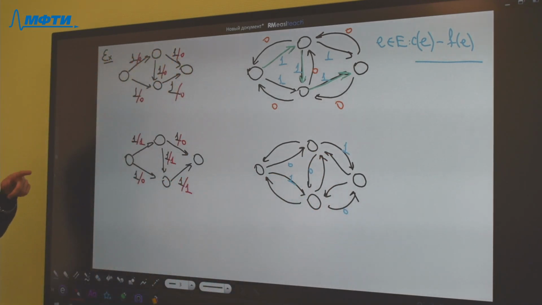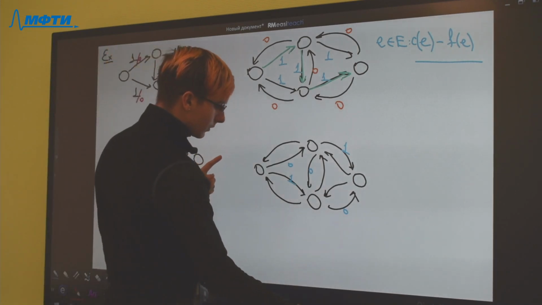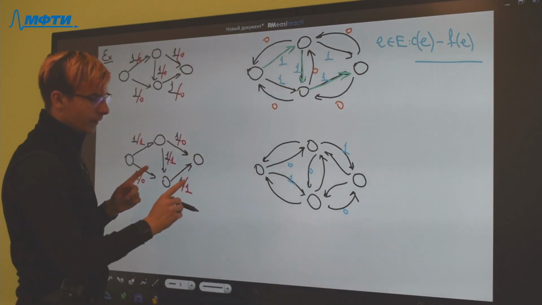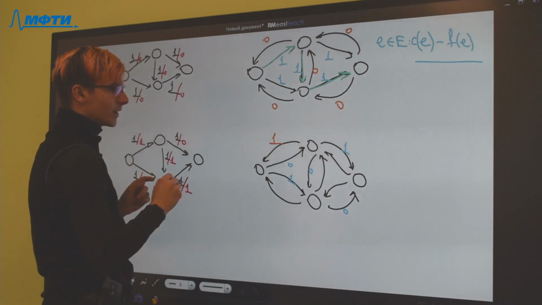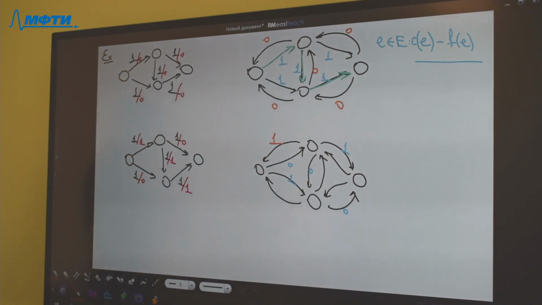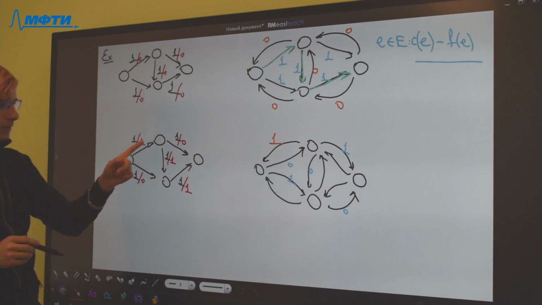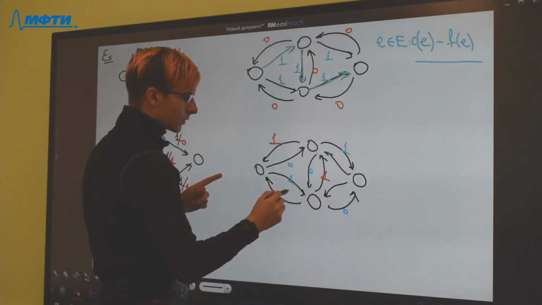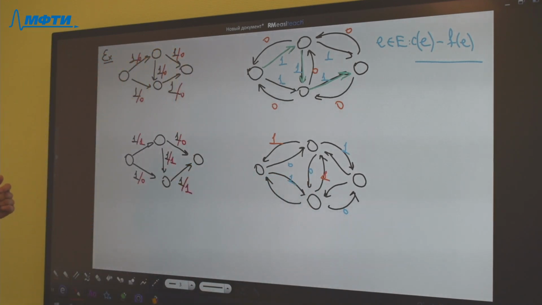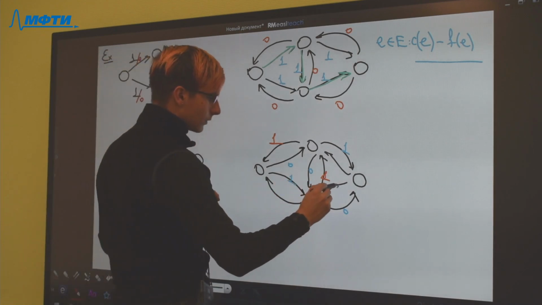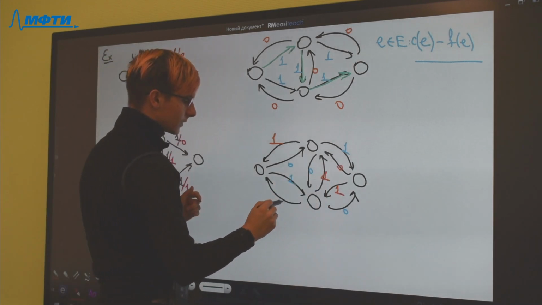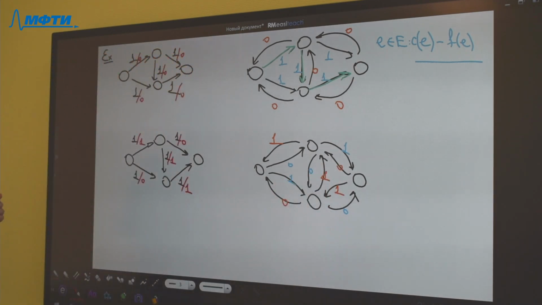But we have backward edges. And now we have 3 edges with capacities equal to 1. This backward edge has capacity equal to 1. This, and this has capacity equal to 0.